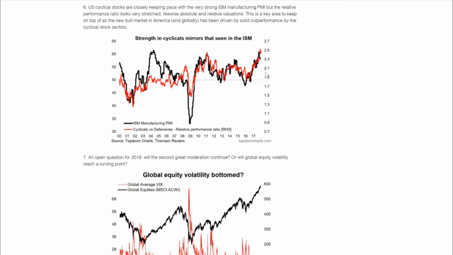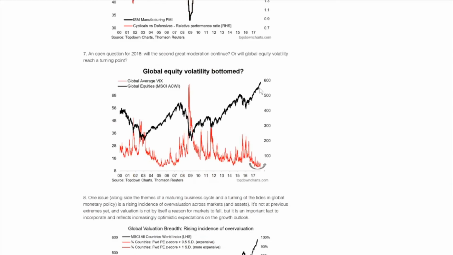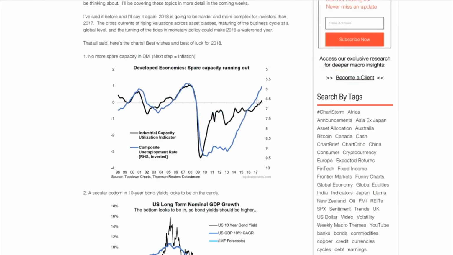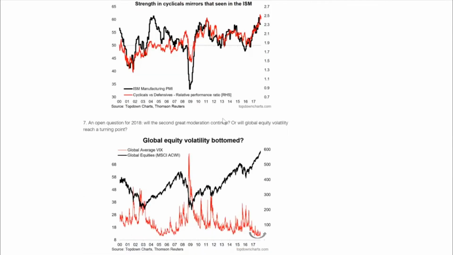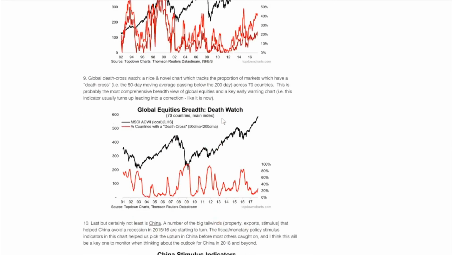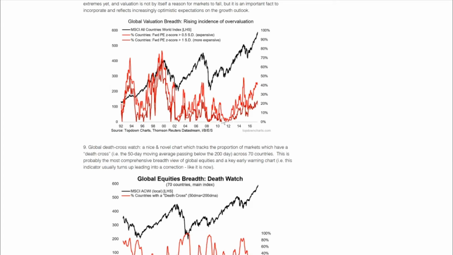But when you've got very low equity volatility, an increasing incidence of overvaluation, the economic cycle looking about as good as it gets, and monetary policy, which is flagged in this chart, starting to turn, it's at the stage of the cycle where equity markets can certainly continue onwards and upwards, but at this point it becomes more dangerous.